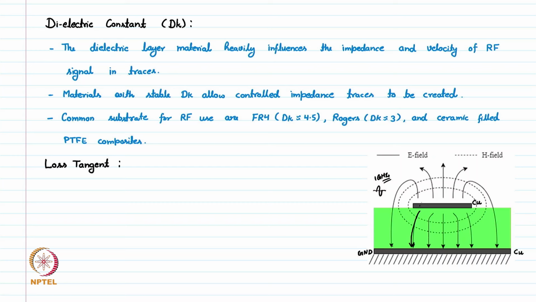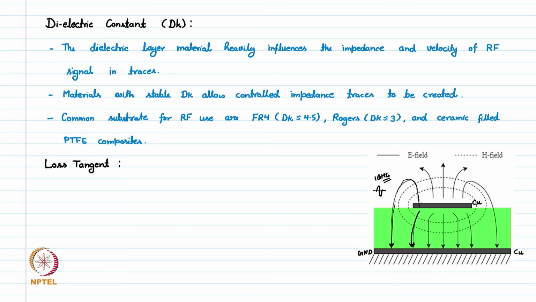So, when the signal goes high, for example, these field lines will be originating from the microstrip and terminate at the bottom. Then the signal goes down, becomes 0, then these field lines disappear. Then again when it goes negative, then these field lines again appear, and again when the signal goes 0, they will again disappear. So, at 1 gigahertz of frequency, these field lines are also getting generated and disappearing.